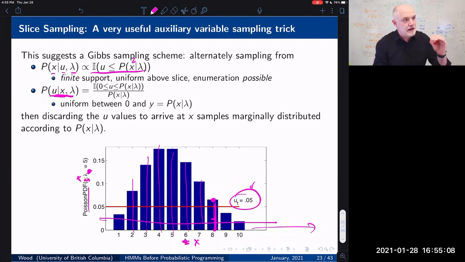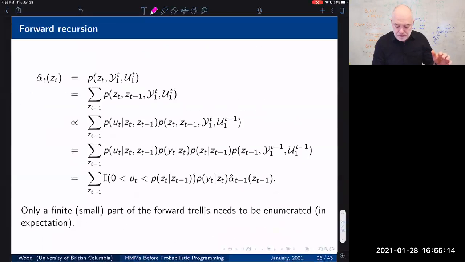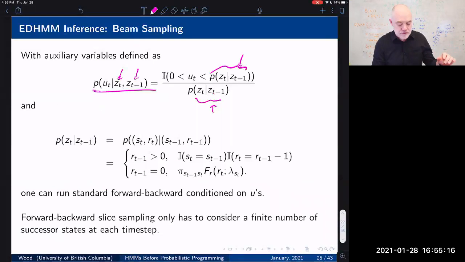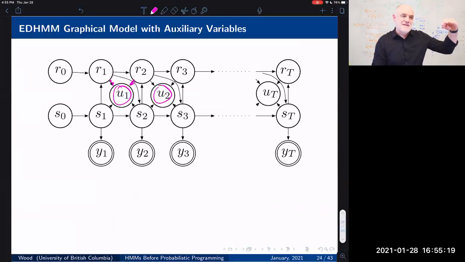So slice sampling really refers to the trick that we're talking about here. Beam sampling, as it will occur relatively soon, is where you can think of a path, one particular sample path through latent space, as being a beam.